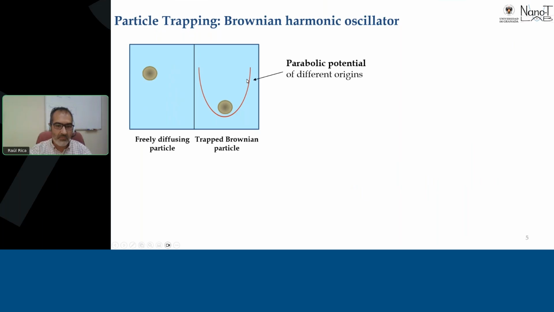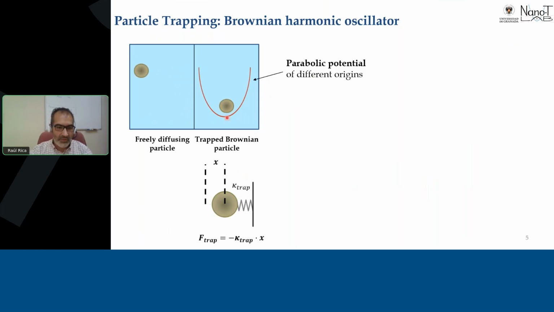One can develop a parabolic potential like this one that confines the particle to a very small region of space. The origin of this potential can be different. We will focus today on optical tweezers, so this potential will be created by a laser beam, but there are other techniques that I will also discuss that are able to create such a trap.